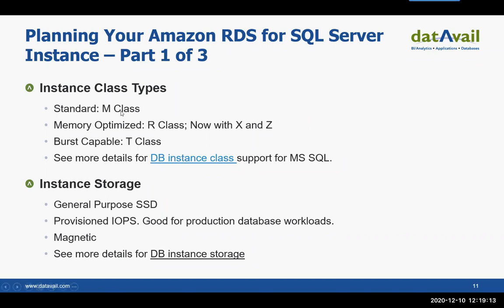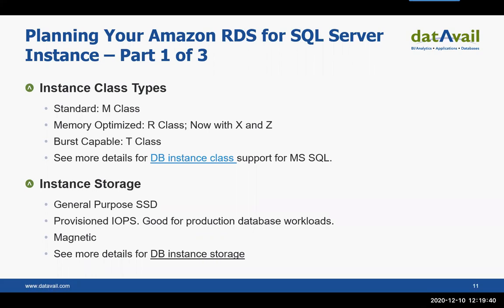First one's instance class type. The DB instance class type you need depends on your processing power and also memory requirement. You're going to have the standard M class and also the memory optimized class, which is the R class. Of course, nowadays, you're going to also have the X and Z. And then you have the burst capable, which is the T class.